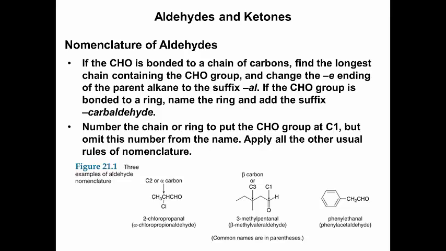The second compound has the IUPAC name 3-methylpentanal, whereas the common name is beta-methylvaleraldehyde. The third compound is phenylethanal, which is its IUPAC name, and its common name is phenylacetaldehyde.